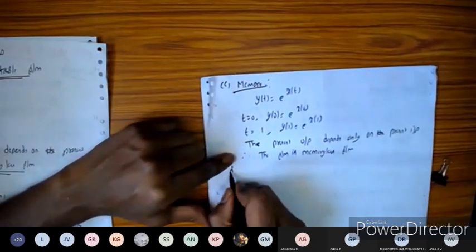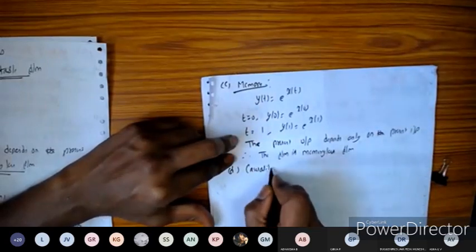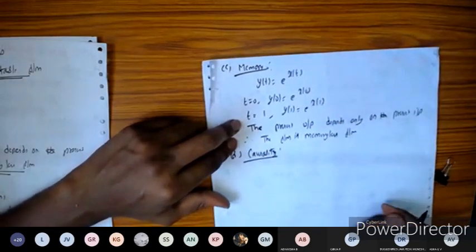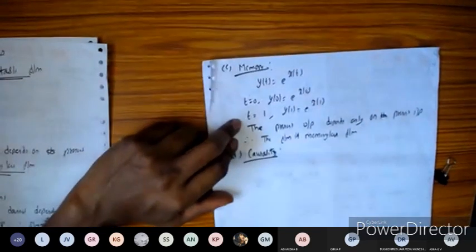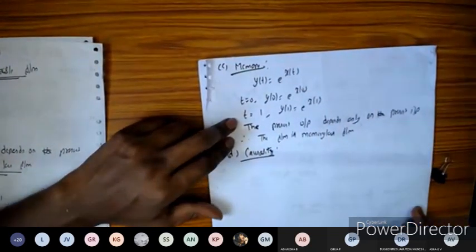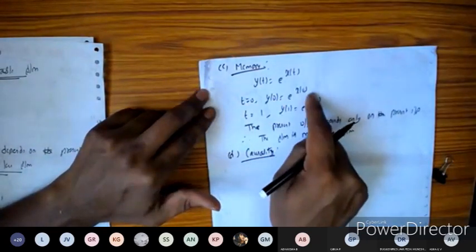Now let us verify the causality property. Causality is when the output does not depend on the past values or future values of the input. That is what we call causality. Since we observe here at t equal to 0, the present output depends on the present input only.